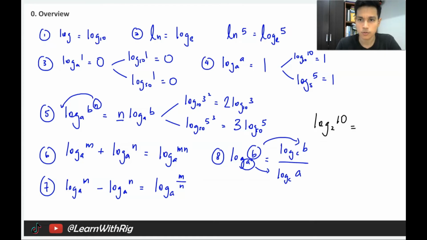So you change to log 10 base 3 divided by log 2 base 3. Now you have successfully changed the base value of the log to base 3. In some questions they want you to change the base, so you have to use this formula. This is what you have to know for logs.